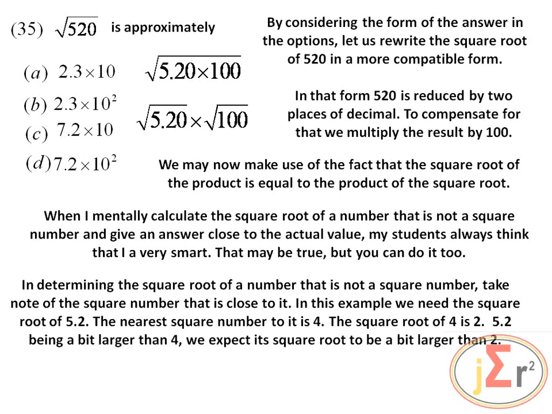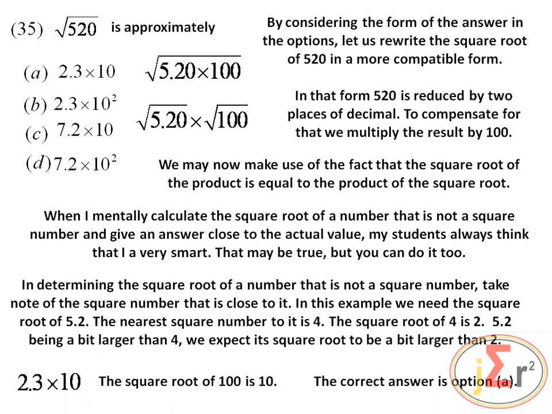So 2.3 is what we expect, according to the information that we have in the options there. The square root of 100 is 10. We therefore multiply 2.3 by 10. Right. The correct answer is option A.